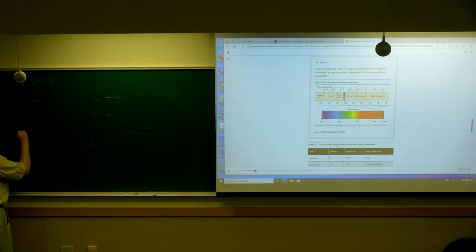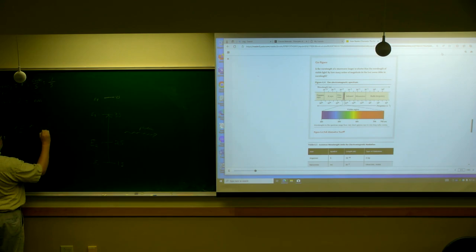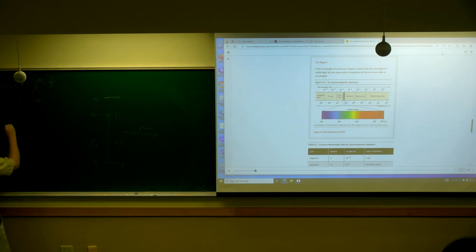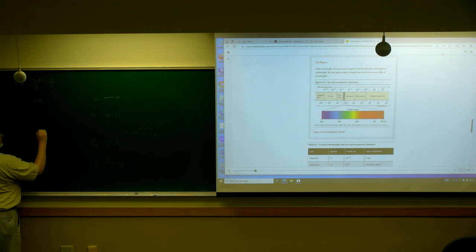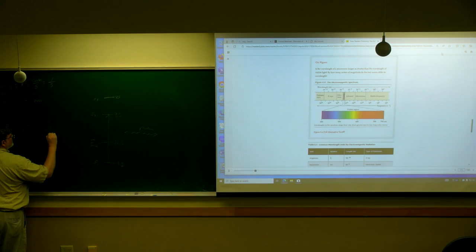High energy means high frequency, which means low wavelength, or short wavelength. High energy means high frequency, which means shorter wavelength.